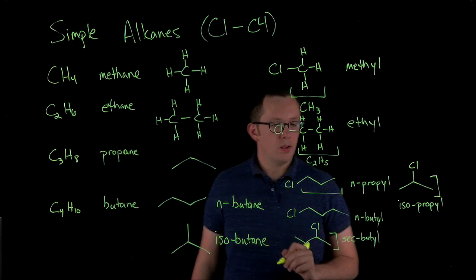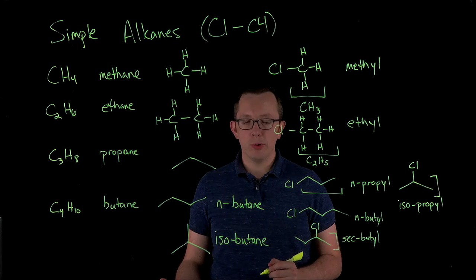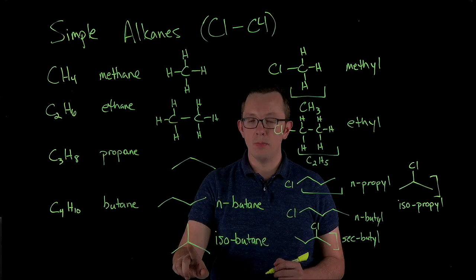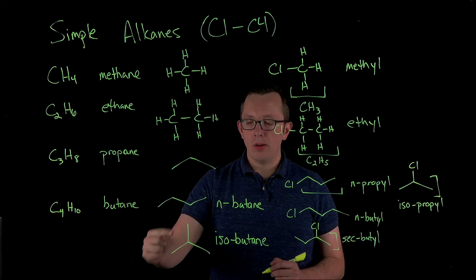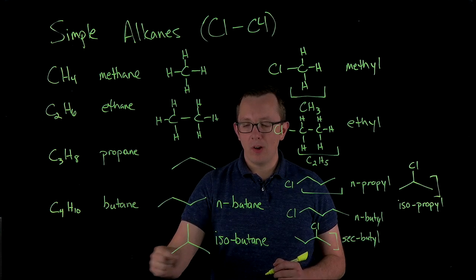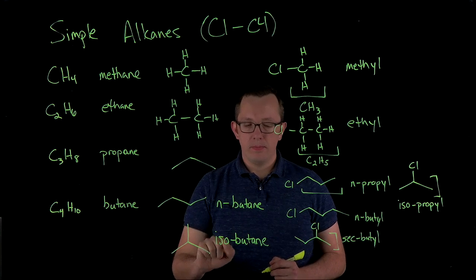Okay. Same thing can happen with isobutane. We have 2 different positions where we can put our chlorine atom. We can put our chlorine atom on the central carbon, or we can put our chlorine atom on one of the end groups. It doesn't matter which of our end groups that we put it on. All 3 are chemically equivalent. Okay?